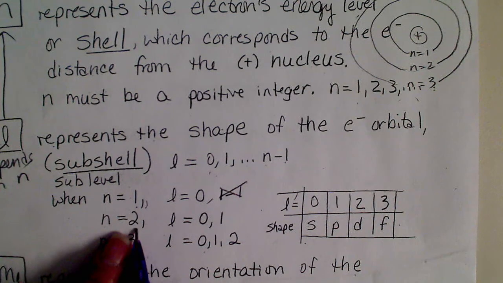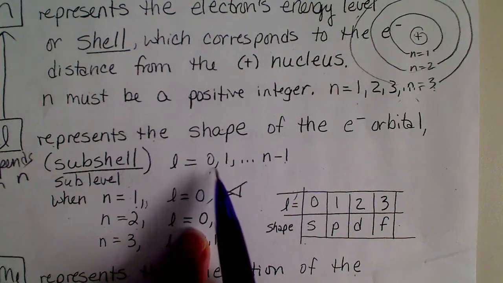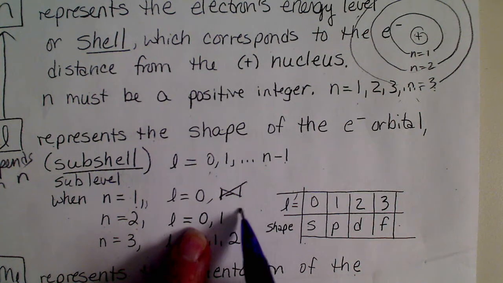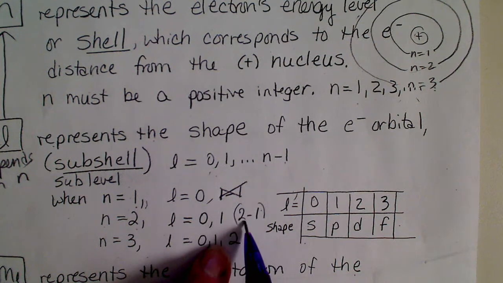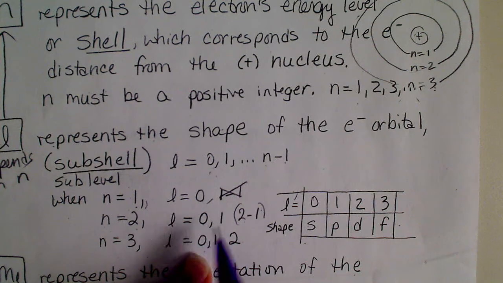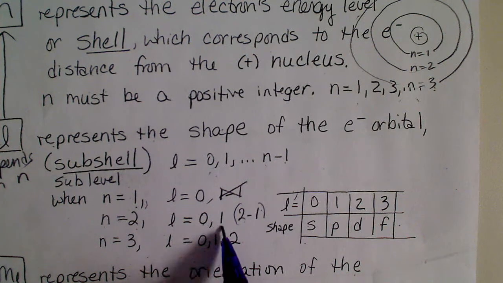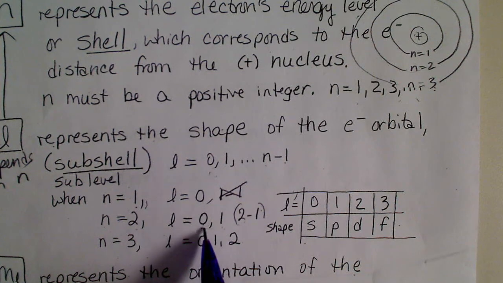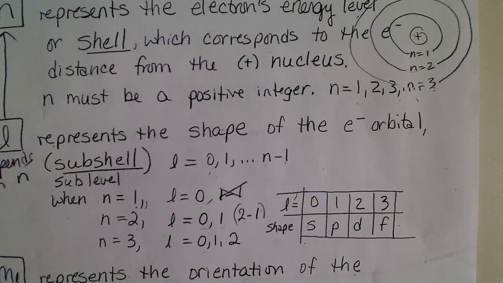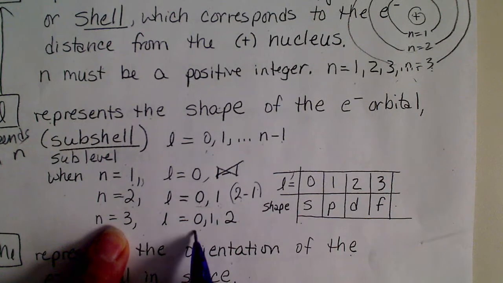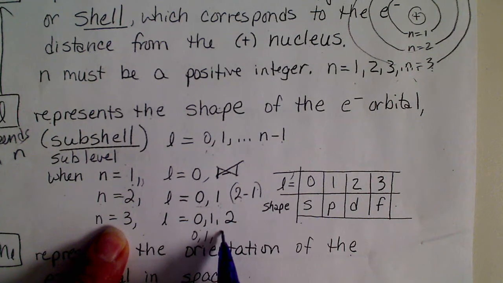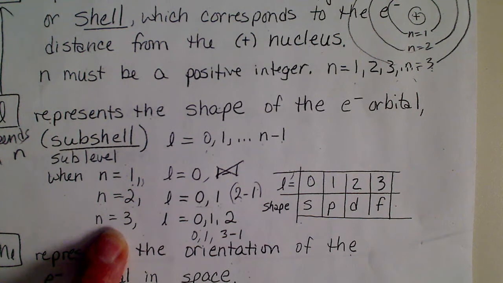The values for L start at 0 and go up through 2 minus 1, which means we can only go up to the number 1. So when N equals 2, there are 2 possible values for L. Always start counting at 0 and do integer values. When N equals 3, L starts at 0, 1, and goes up to 3 minus 1, which is 2.